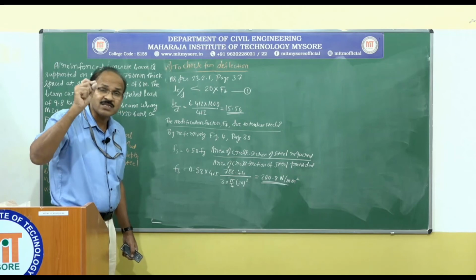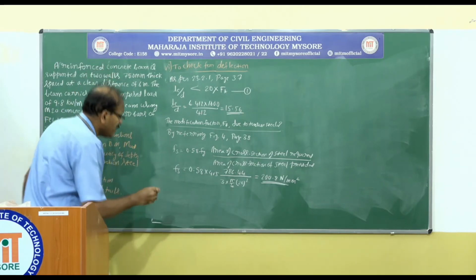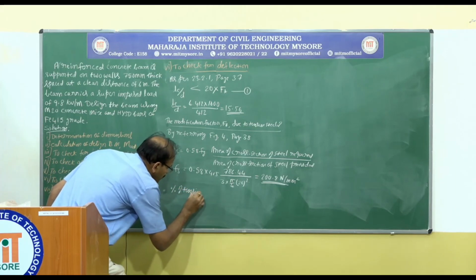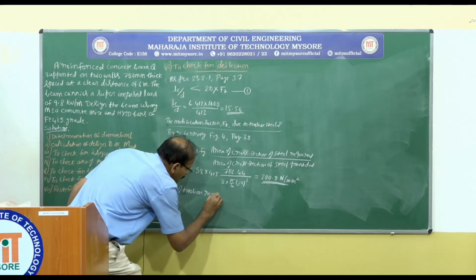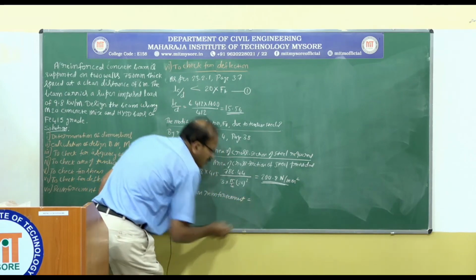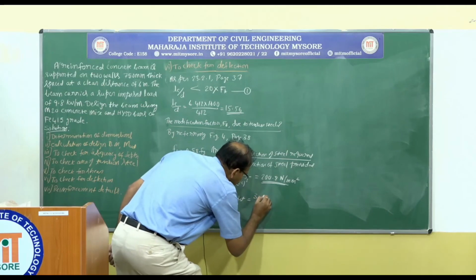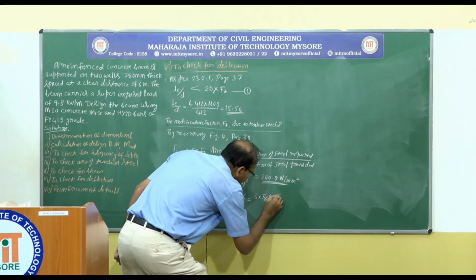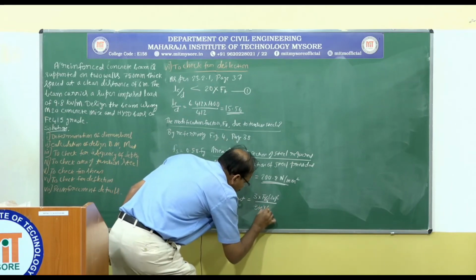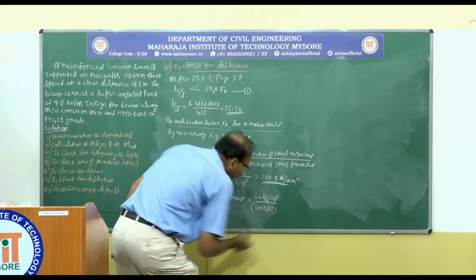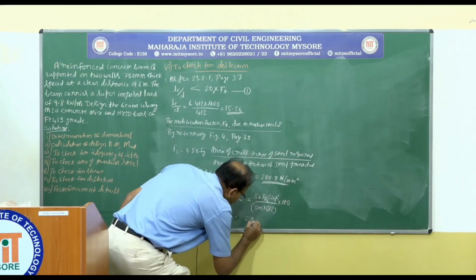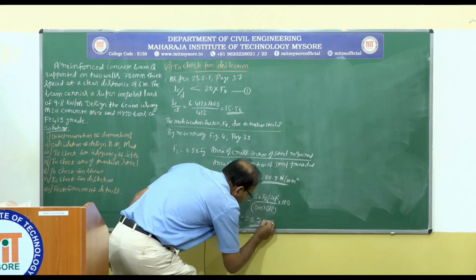So that was 0.75. Percentage of tension reinforcement equal to 3 bars of 20 mm dia, B is 300 multiplied by D is 412, multiplied by 100, that is equal to 0.75%.